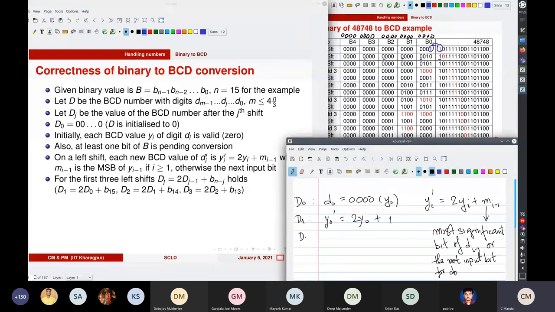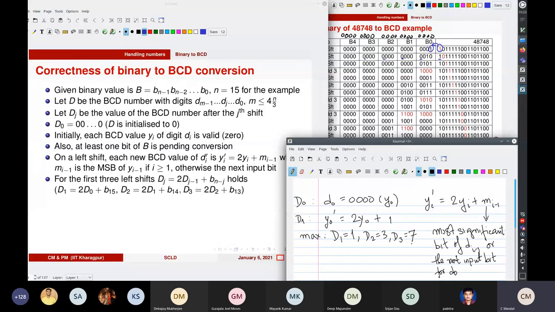The max for D1 is 1, D2 is 3, and D3 is 7. So these are the maximum values.